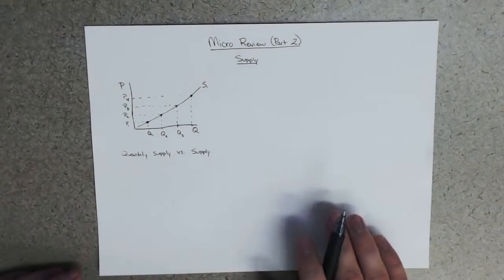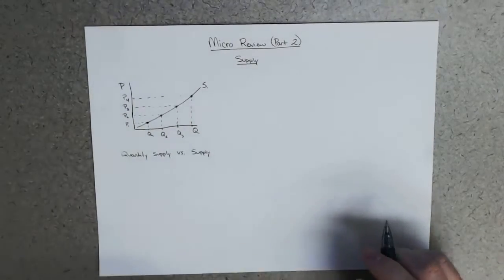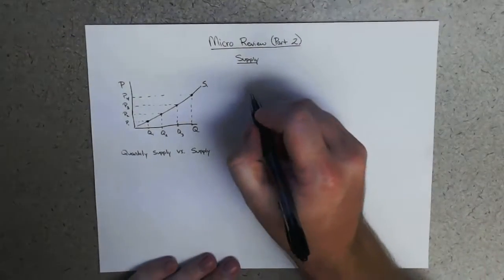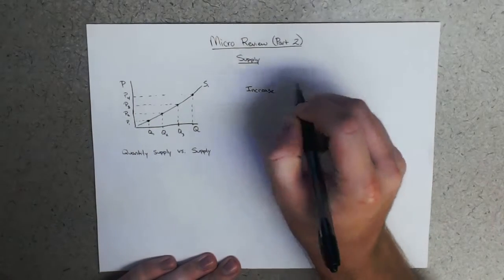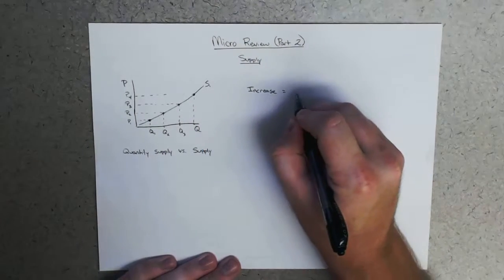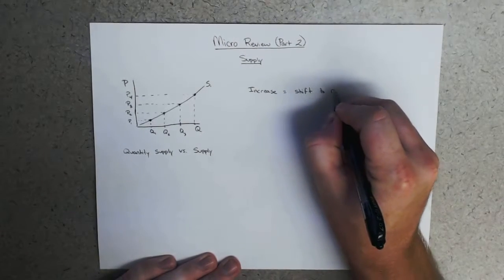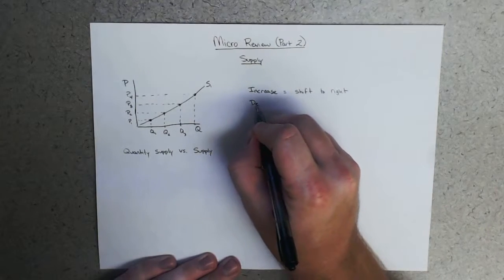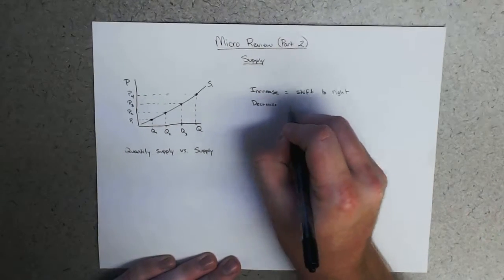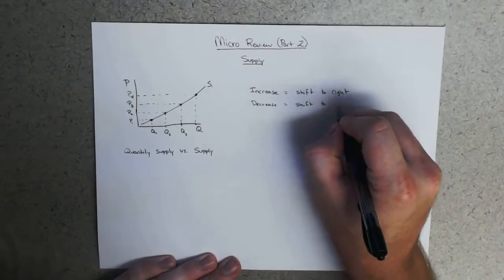And like demand as well, we can have shifts in supply. Just like with demand, an increase is a shift to the right, okay, and a decrease is a shift to the left.